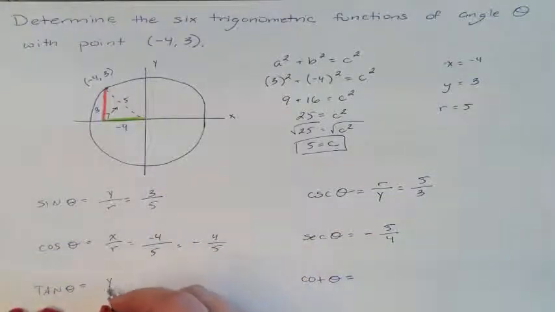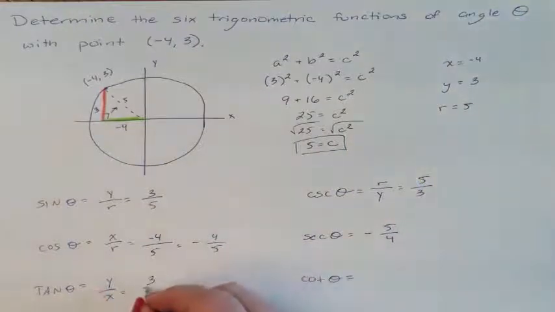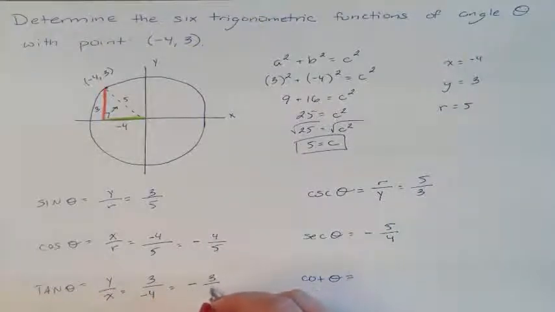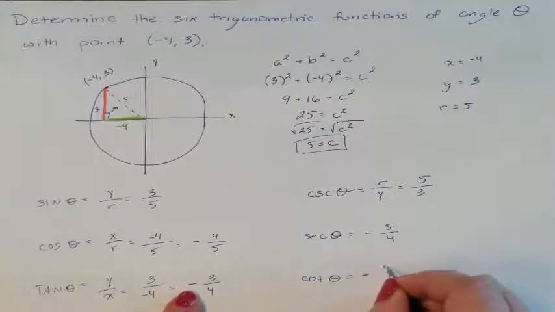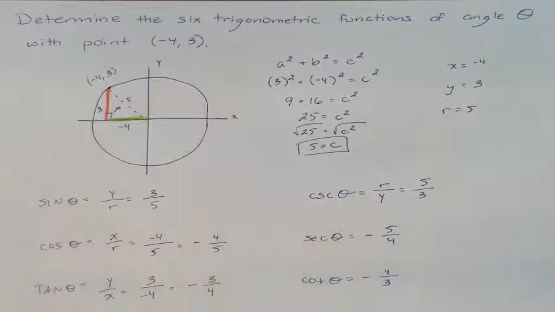Tangent was the fraction y all over x, where I know my y is 3, and my x is -4. Positive divided by negative is a negative. 3 divided by 4 is just the fraction 3/4. If this is tangent, cotangent is -4 over 3 because they are reciprocals of one another. So we just found our 6 trig functions.